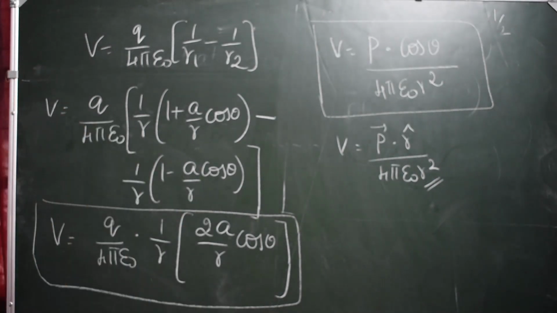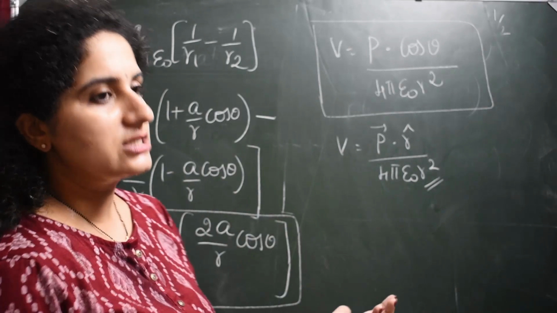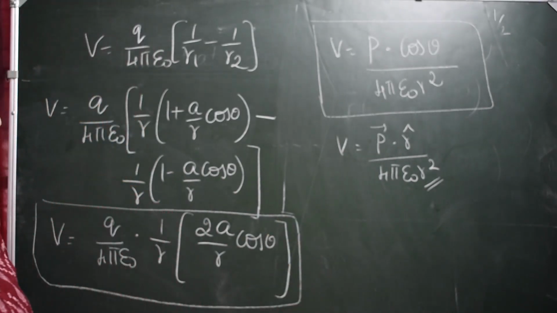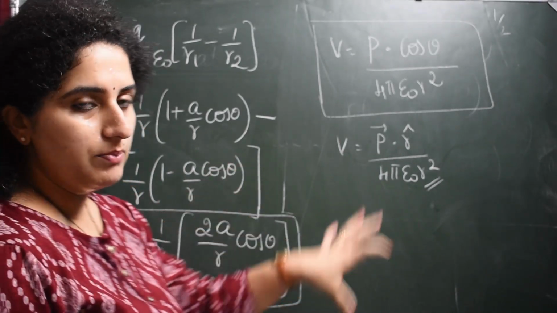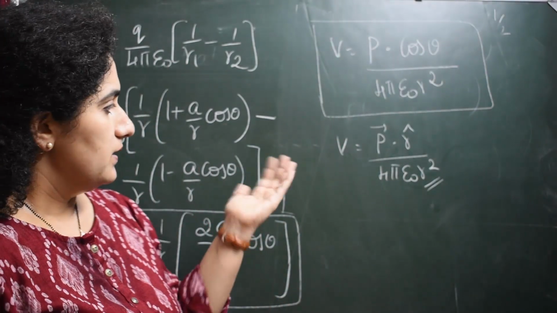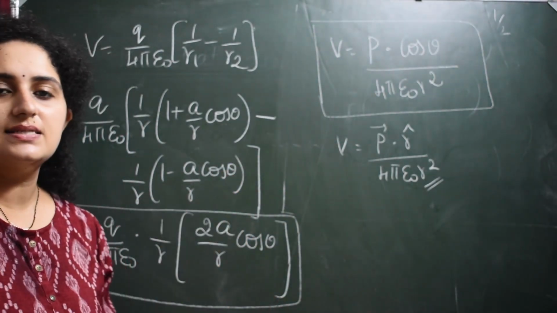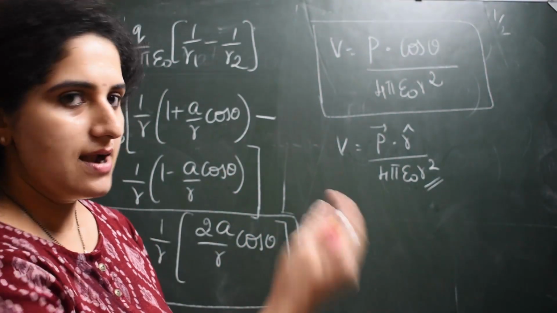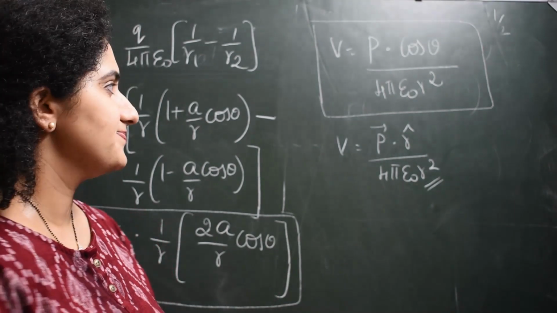What are equipotential surfaces, and then potential due to a system of charges, as I have told. So all those concepts we will be seeing. Potential energy in an external electric field, what happens in that case. Now we have considered the dipole and the point charge. So next we will see about the system of charges and other relations.